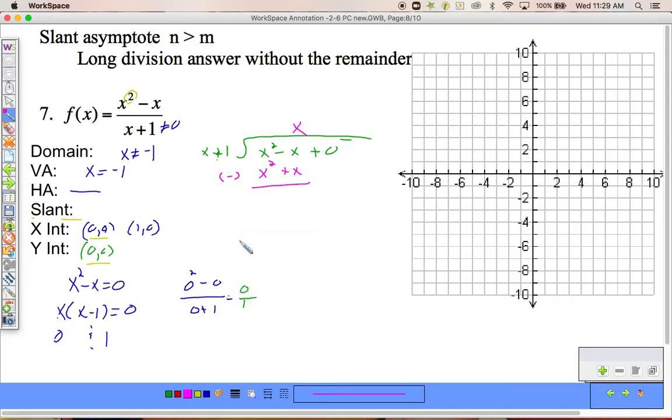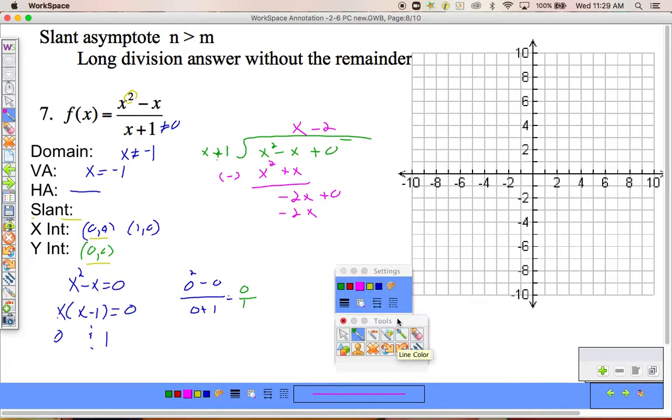I subtract. x squared minus x squared is 0. Negative x minus x is a negative 2x plus 0. Then I'm going to go negative 2, negative 2x minus 2. Subtract and get a positive 2.